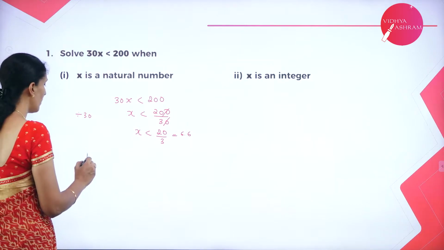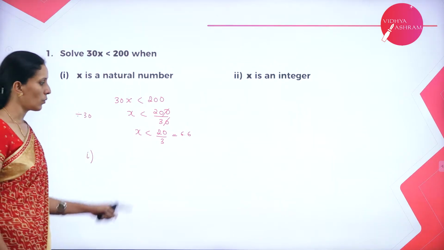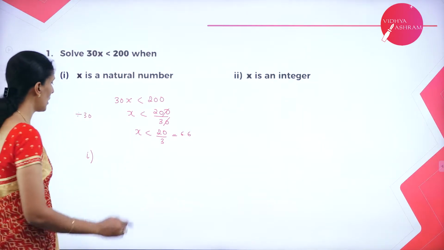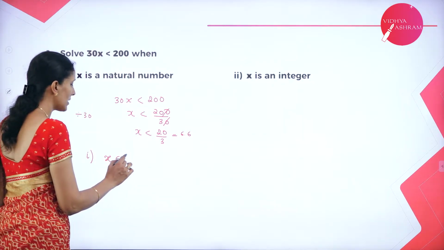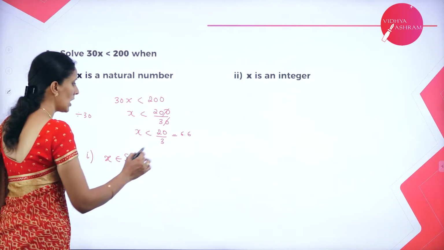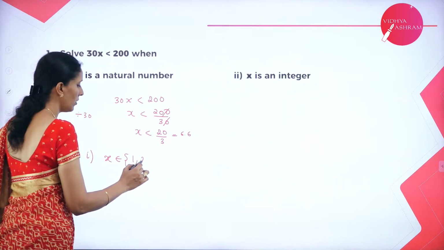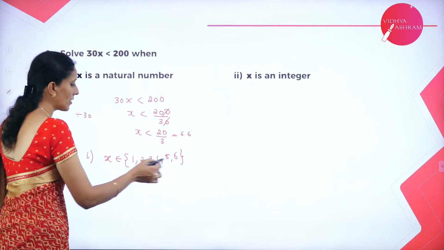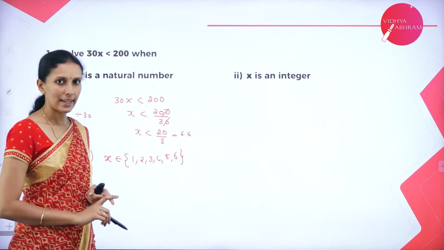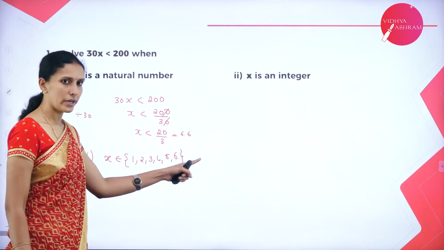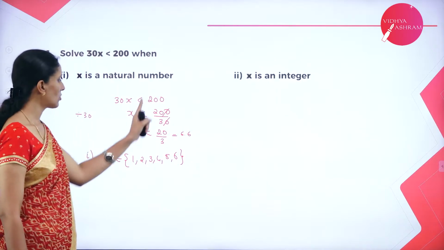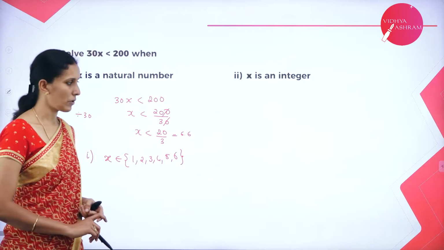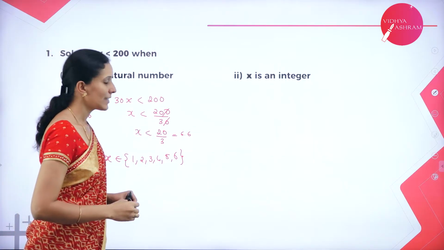Now for the first one, what is the solution? What are the values that x can take less than 6.6? X is a natural number, means x belongs to the set. It may take the values less than 6.6, meaning 1, 2, 3, 4, 5, 6. These are the natural numbers which x can take. Now for the second one, they say x is an integer.